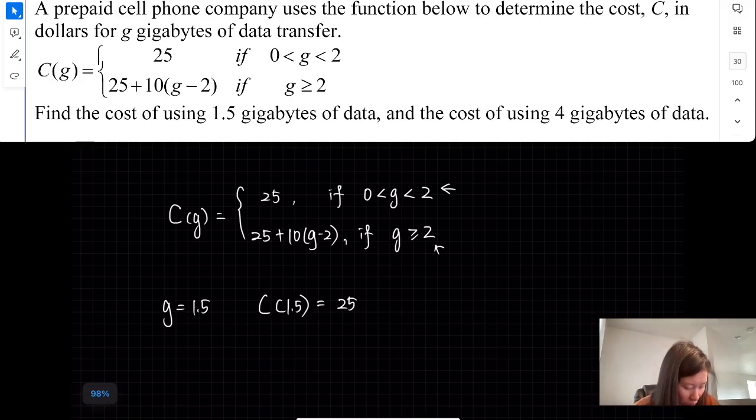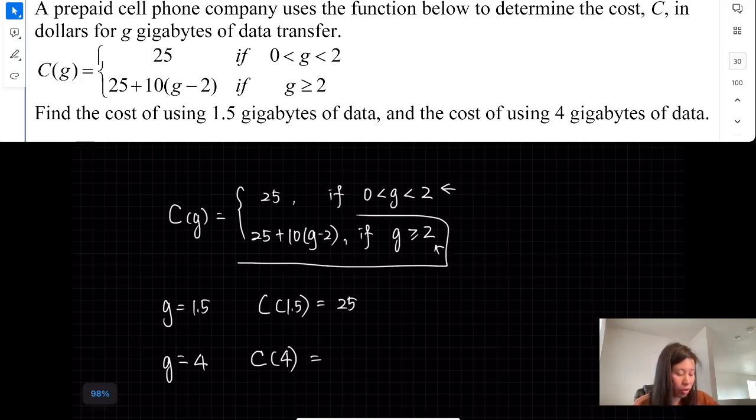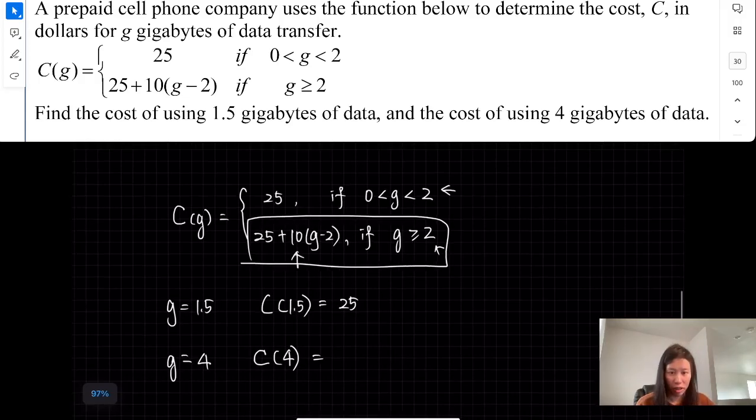Now the second question is, what's the cost if you're using 4 gigabytes of data? When G equals 4, we need to use the second formula, because when G is greater than or equal to 2, we apply the second formula.